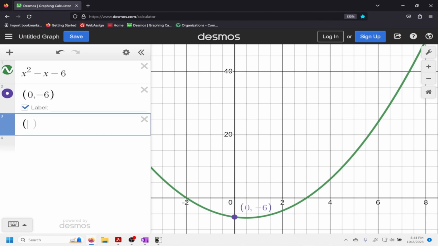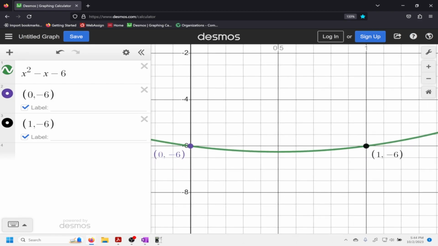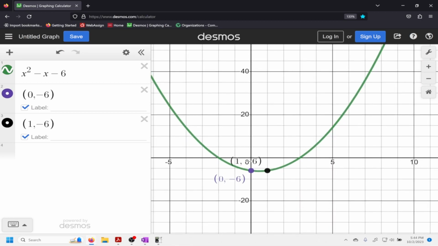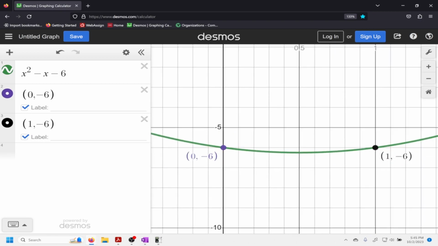And then we have 1, comma, negative 6. And we'll label that. And there we go. See, notice here, if you don't zoom in enough, it kind of looks like, oh, I did something wrong. But if you zoom in, notice that the vertex goes beneath those two values. So 0, comma, negative 6 and 1, comma, negative 6.